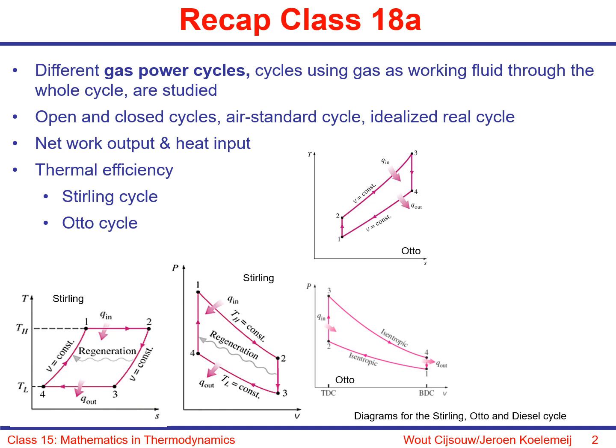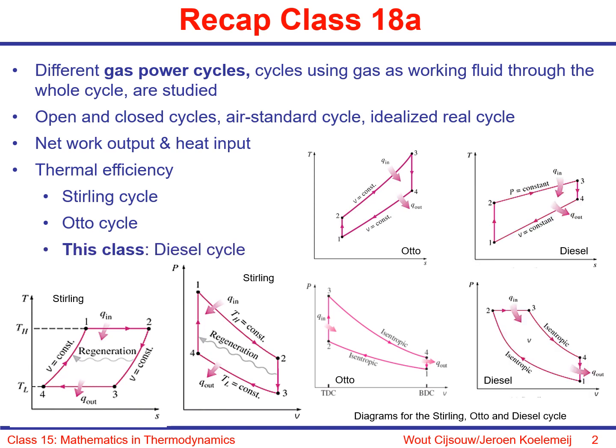We will see that come back also during this class. We talked about concepts like net work output and heat input, also about thermal efficiency. And we talked about specific cycles like the Stirling cycle. There was also a nice movie by Wout about the Otto cycle. And in this class, we will add the diesel cycle to that.